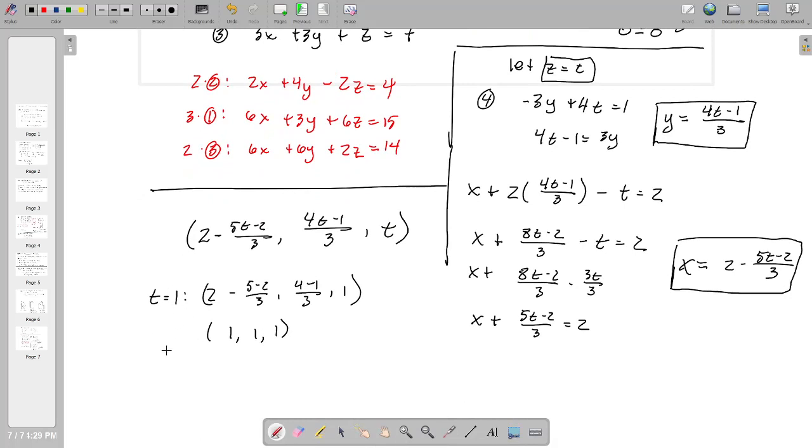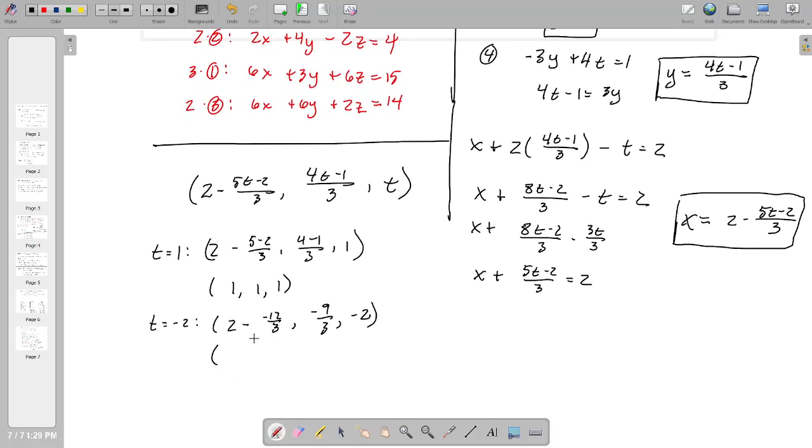And then I'm going to do negative 2 for t instead, just so that we get whole numbers. We would have 2 minus negative 10 minus 2 is negative 12 over 3. And then negative 8 minus 1 is negative 9 over 3. And then negative 2 here.